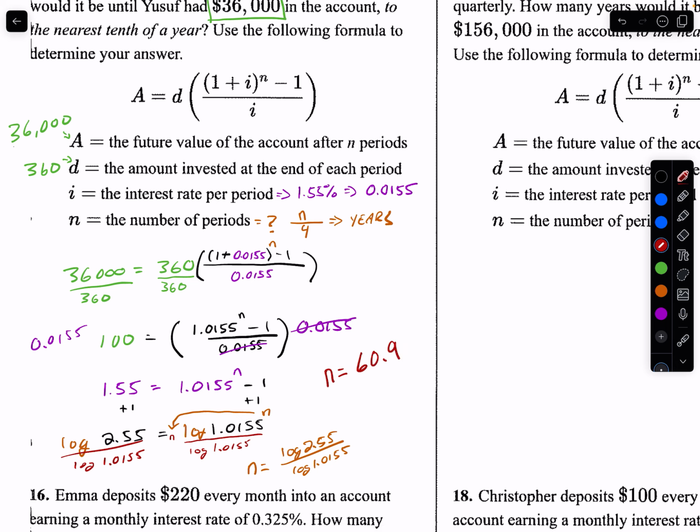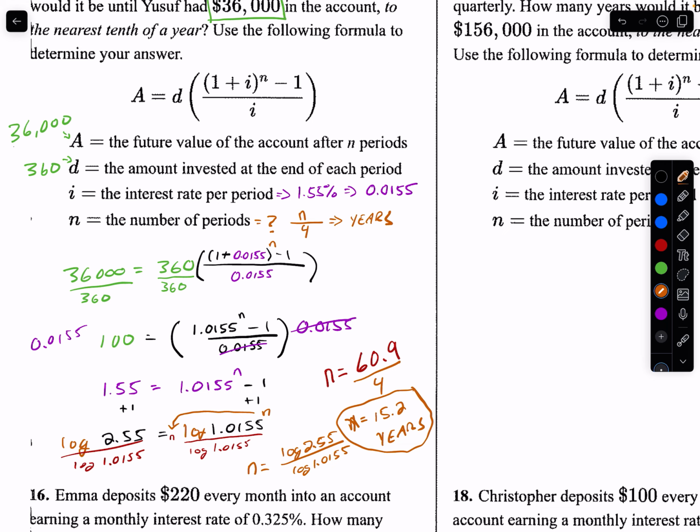Now, remember that it's quarterly, so if I divide by 4, it's going to give me the number of years. Because remember, it's 60 payments. So if I do 60.9 and then divide by 4, the number of years is going to be 15.2 years.